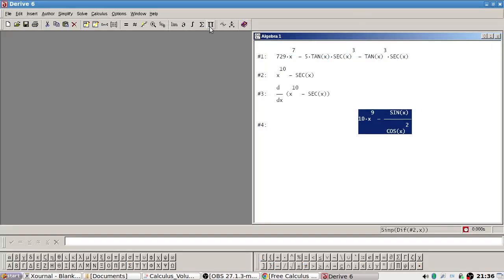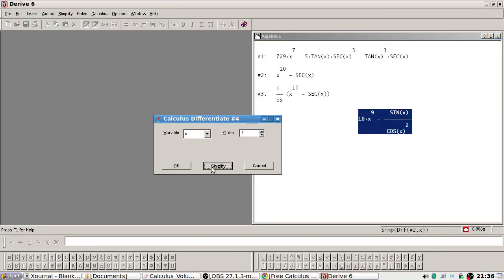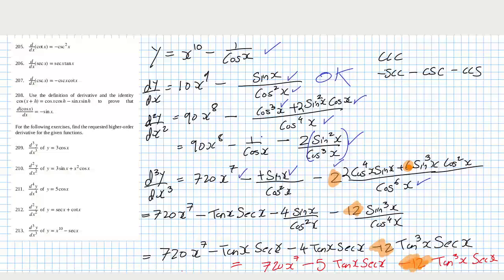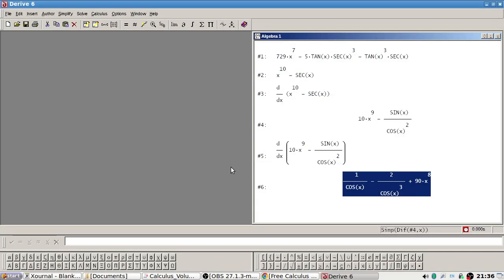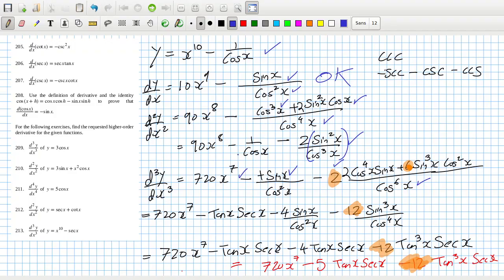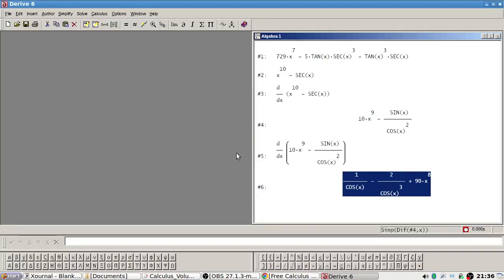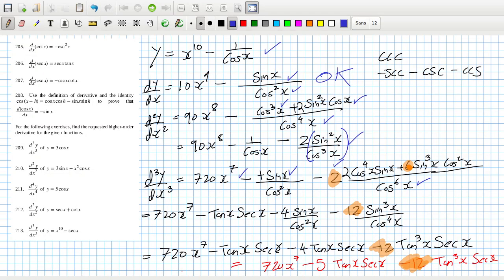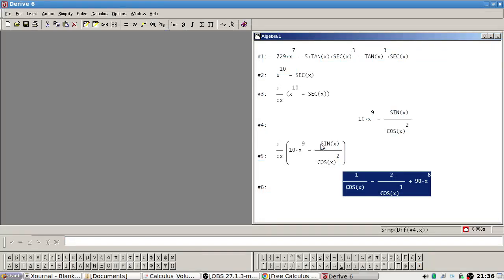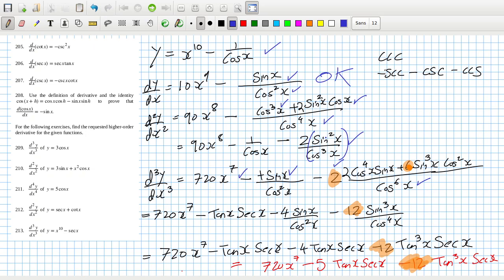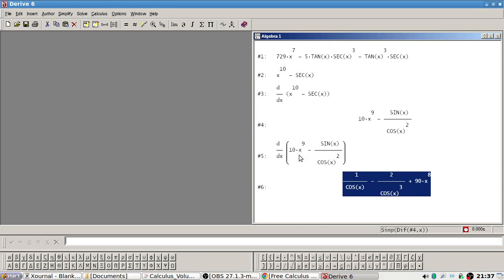All right, a derivative again. 90x. Sign mistake. Minus, a derivative mistake. Cos cubed over cos 4 is 1 over cos.